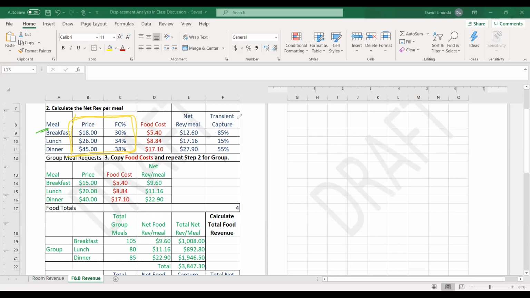So for the breakfast example for number 1, if we have our triangle, and I recommend that you write your triangle every single time until you get the hang of this, what are we looking for in this case? Food cost. Good, the food cost. And if we erase that food cost, what's remaining?